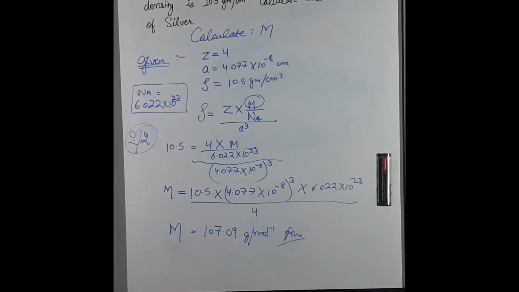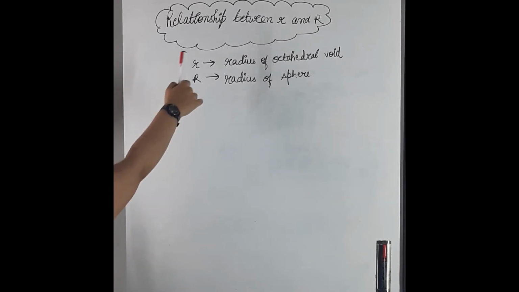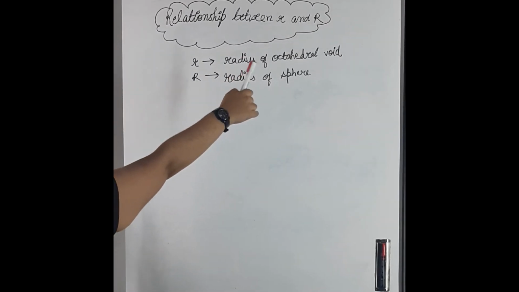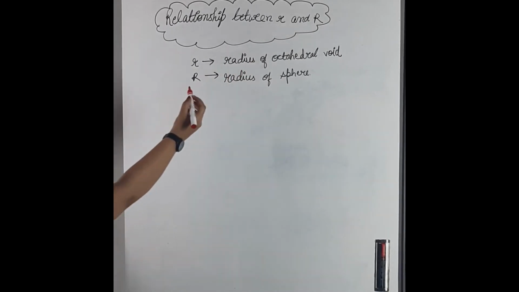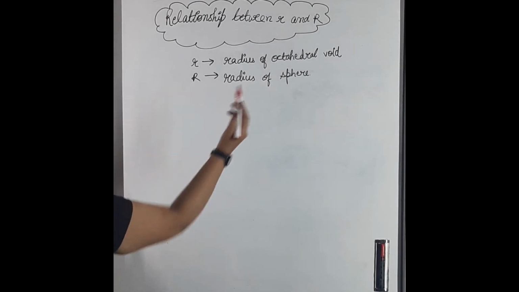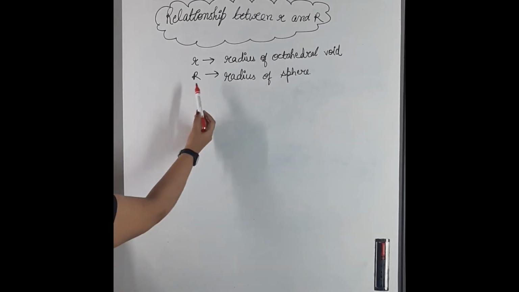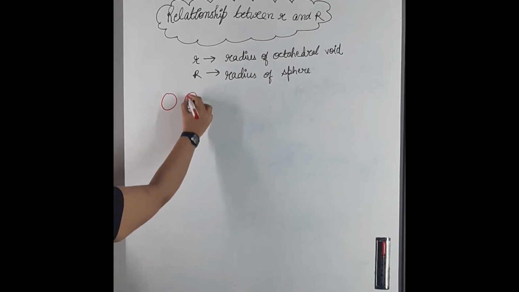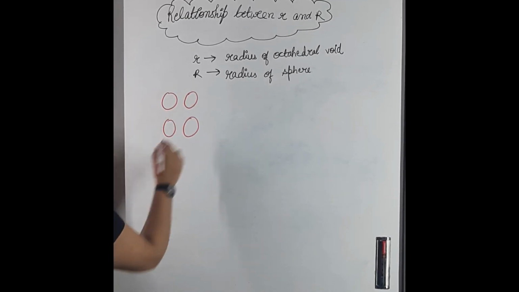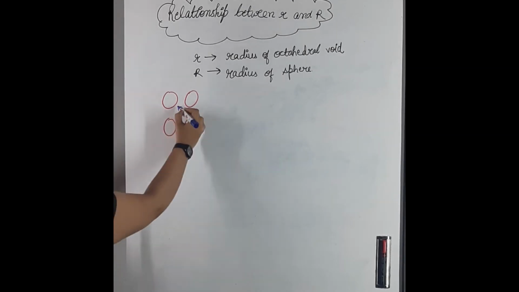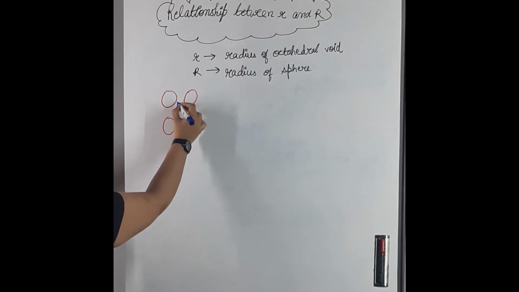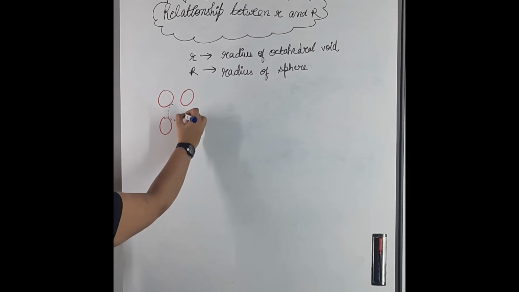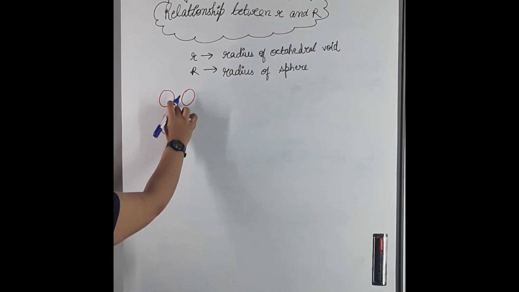Thank you. Now the topic is relationship between small r and capital R, where small r is the radius of the octahedral void and the capital R is the radius of the sphere. Suppose these are the constituent particles of the unit cell, and this is the octahedral void in between the constituent particles.